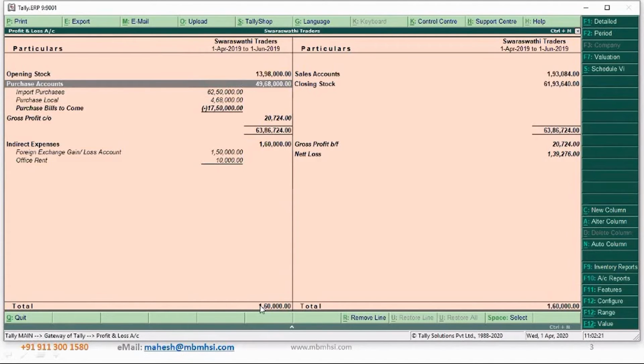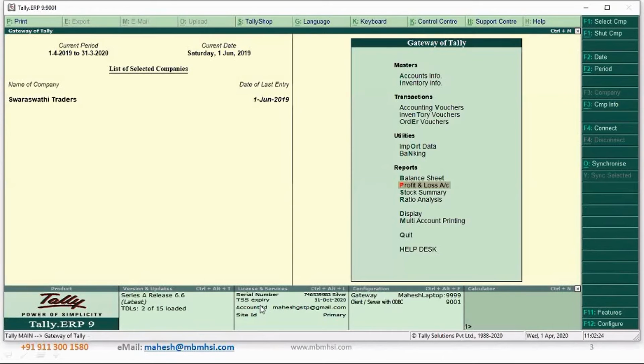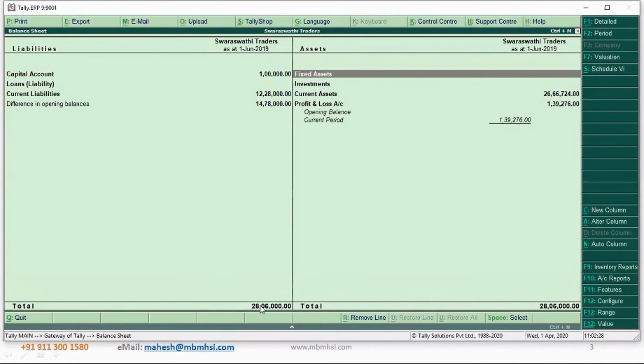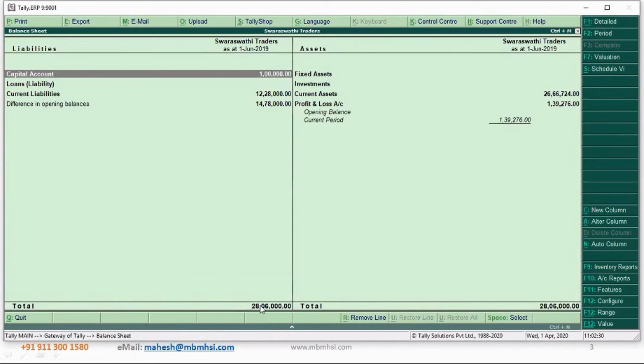Okay. Now if I go to my balance sheet, there is no foreign exchange gain or loss, because the unadjusted foreign exchange gain or loss will come into existence only once when you make a payment.